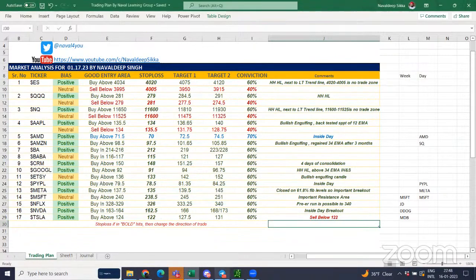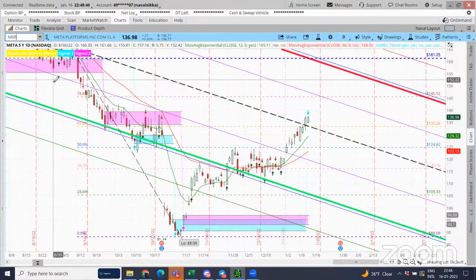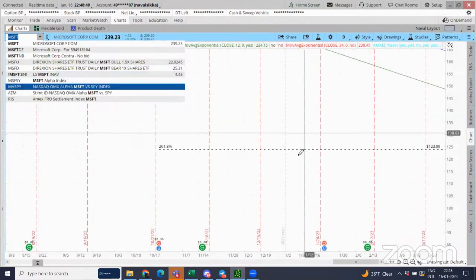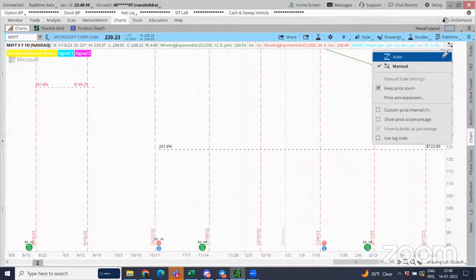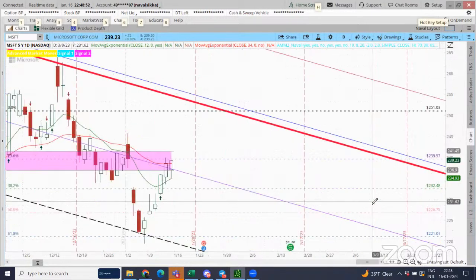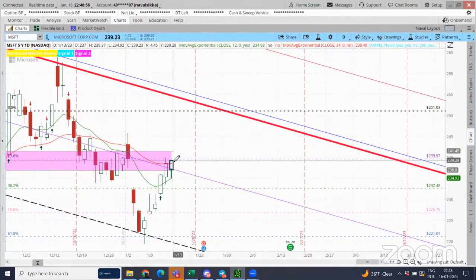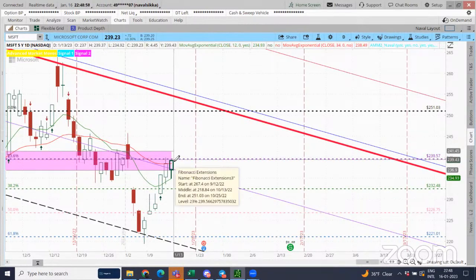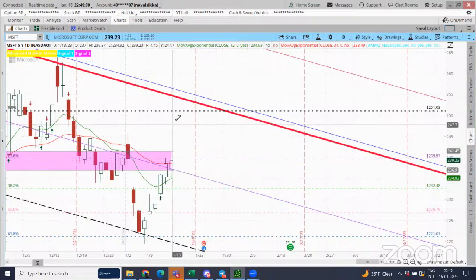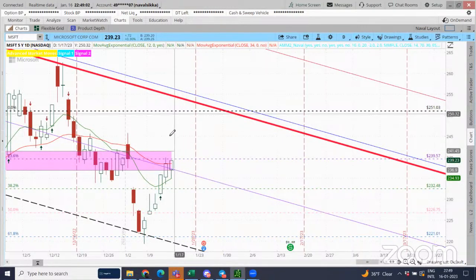Microsoft, MSFT. If market has to move higher, Microsoft has an inside week and an inside day. 239.40, roughly 240 is an area where it needs to break out towards 251. There's no resistance. If market has to push higher, Microsoft should give it a push.